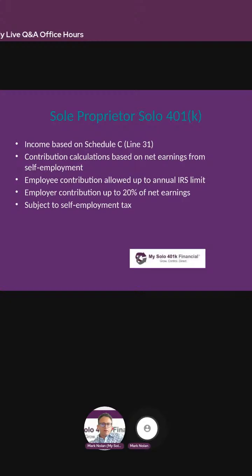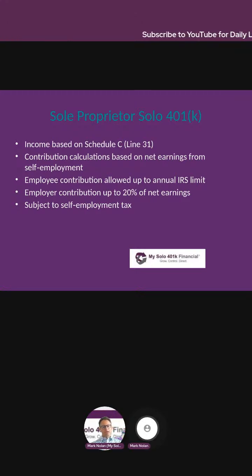Let's look at it from a sole proprietorship lens first. For sole proprietors, contributions are based on net earnings from self-employment. The general calculation is going to be, first determine your Schedule C, specifically line 31 figure.